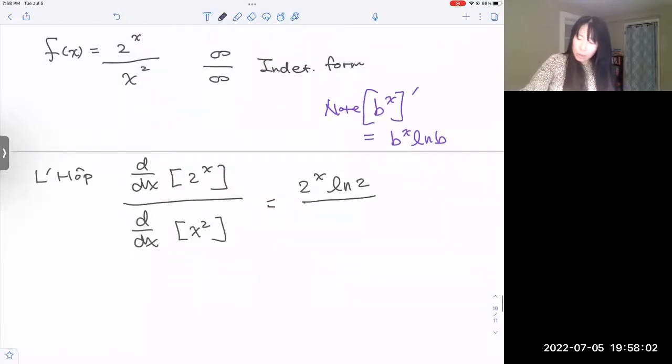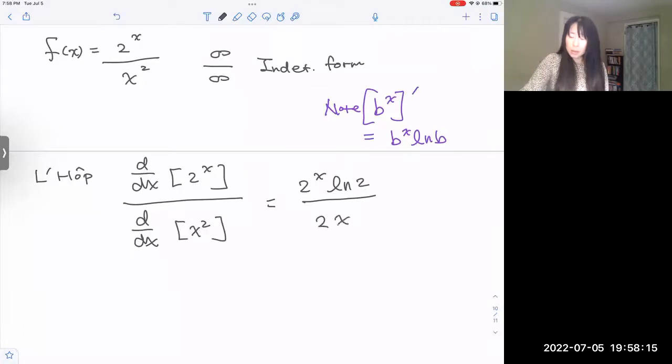Then over x squared, you know how to do it, how do you take the derivative of x squared? 2x. Yes. 2x, good. All right, now ln2 is a number, so we might think the limit, oh, I did not put the limit. And when x approaches positive infinity.